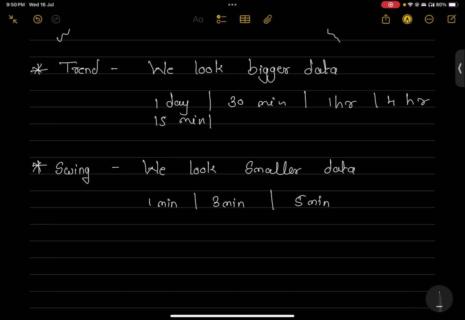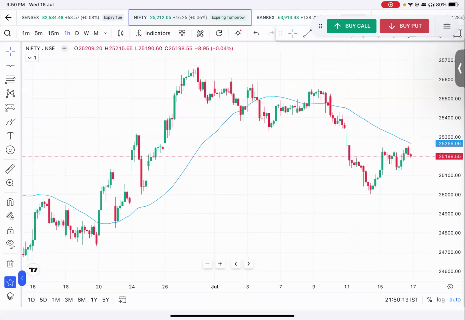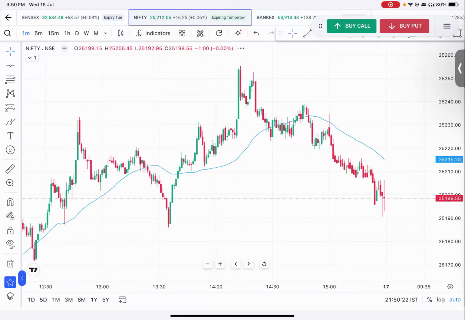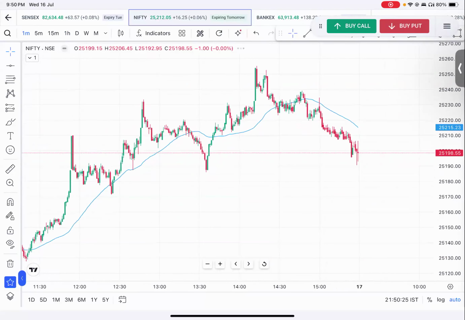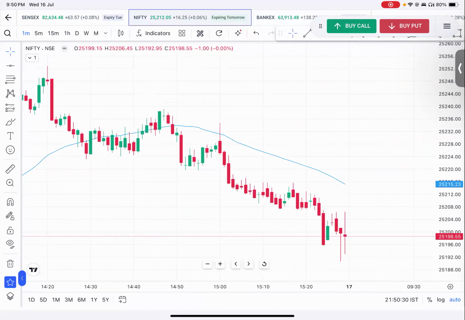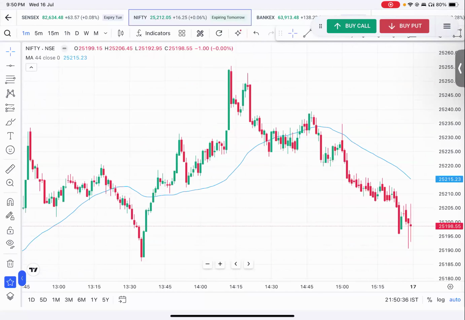Like what are you doing here right now? See this. Right now, we are from 16 to 15. Now, if I go to 1 minute, see, I am on 1 minute right now. This is my entire day data. Everyone, this is my entire day data. If you see this, there is so much disturbance now on the chart.